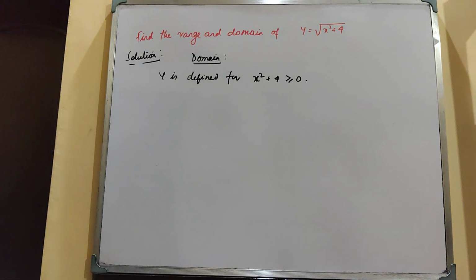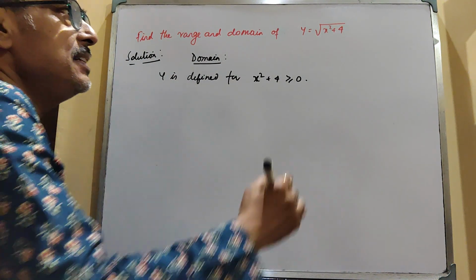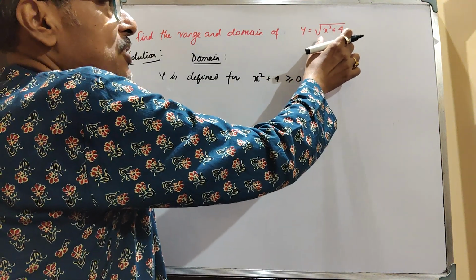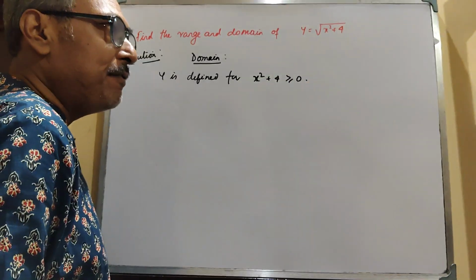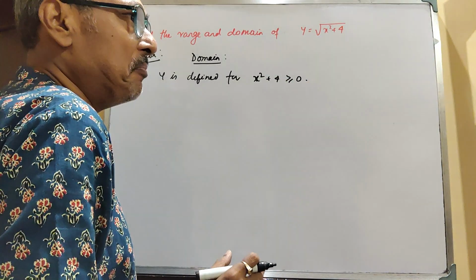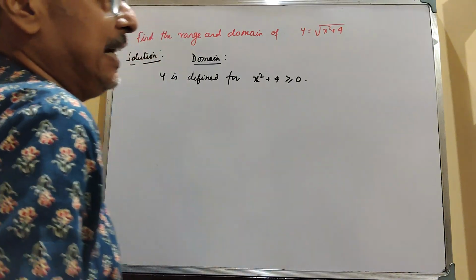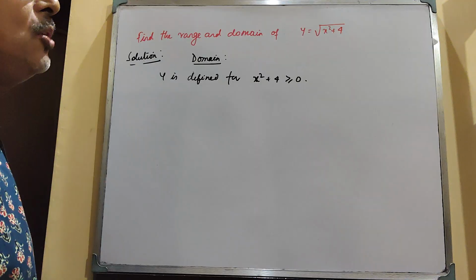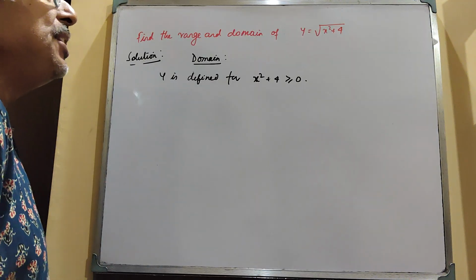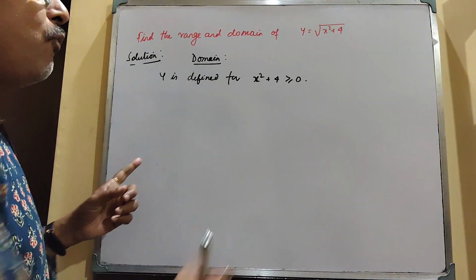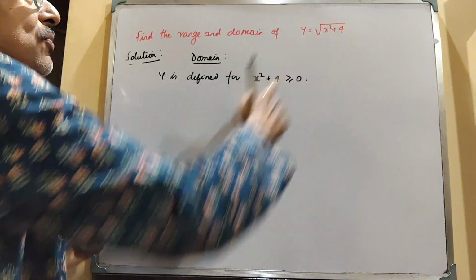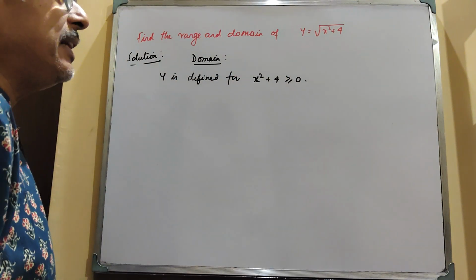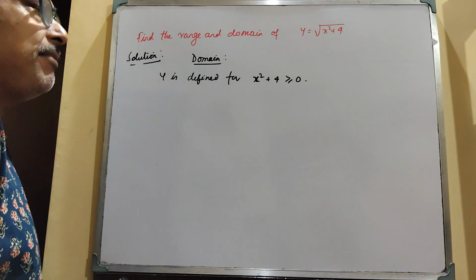If x square plus 4 is less than 0, that means y equals under root of a negative number, and the square root of a negative number is an imaginary number. Therefore, y does not belong to any real number. So y equals under root x square plus 4 is not defined for a real number.